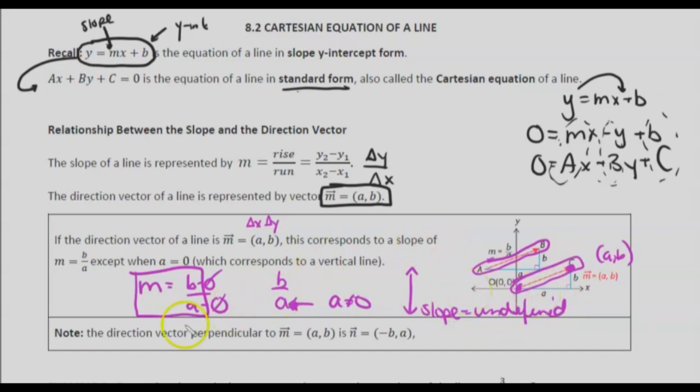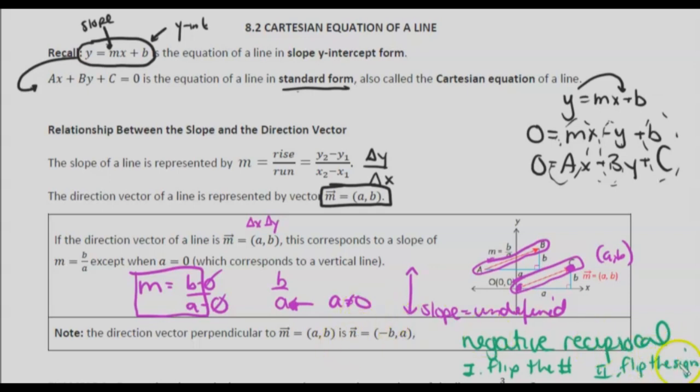Now, note, the direction vector perpendicular to a, b, which we talked about yesterday, say we call this vector n. Remember, it's technically the negative reciprocal. For the negative reciprocal, there are 2 steps. Step 1, flip the number, flip the fraction. And step 2, flip a sign.